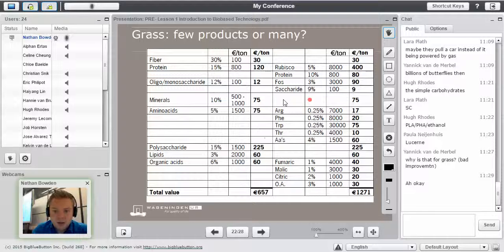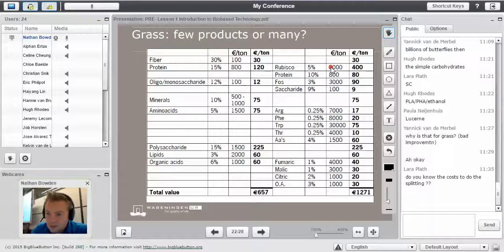What if you could isolate the amino acids that are free in the grass juice, etc.? If you were to do this kind of calculation with the worth, the costs, well, one of the reasons why I'm giving this to you now is because this is your data that you can use for your project. So don't forget this sheet.